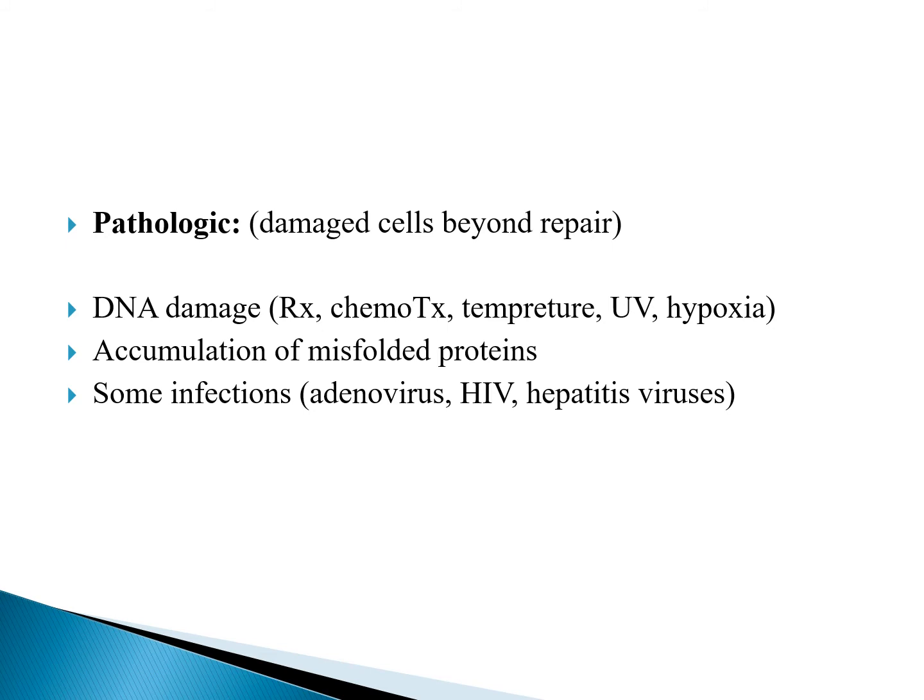Also, accumulation of misfolded proteins, if you remember from the last lecture, will trigger cell death by apoptosis, and certain infections like adenoviruses, human immunodeficiency virus, and hepatitis viruses can also trigger cell death by apoptosis. So all of these are pathologic conditions.